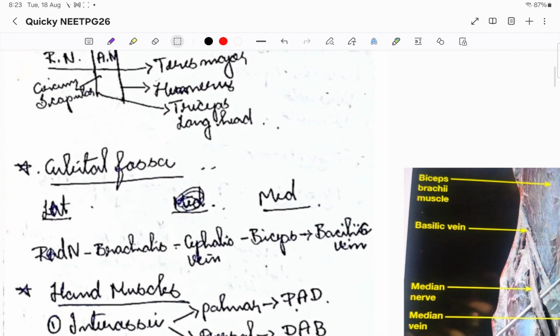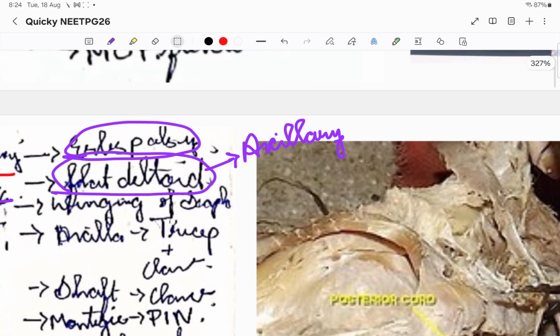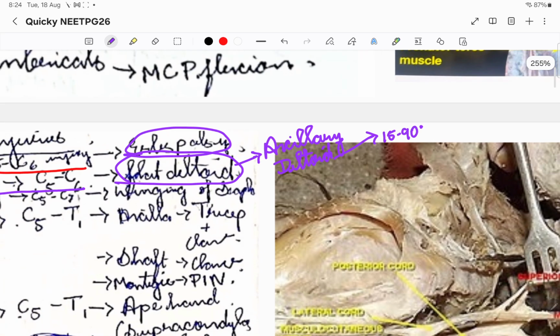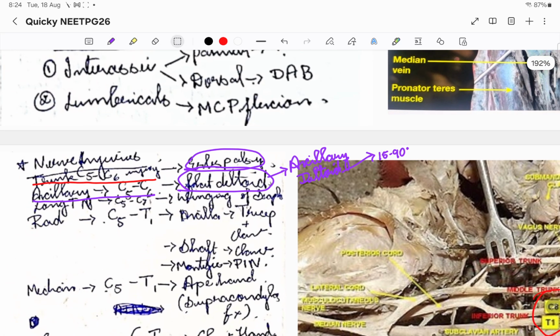In that space the axillary nerve was there, so it will go and supply the deltoid. Deltoid did 15 to 90 degree abduction of the shoulder, right? So this is how you revise at the last moment. So Erb's palsy and flat deltoid is C5 C6 injury.